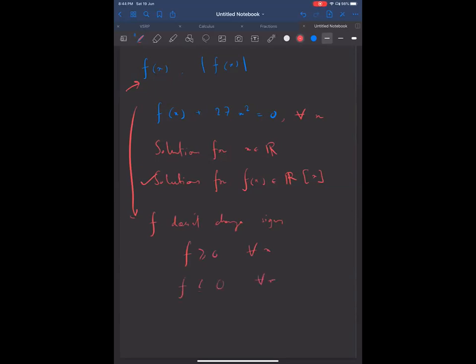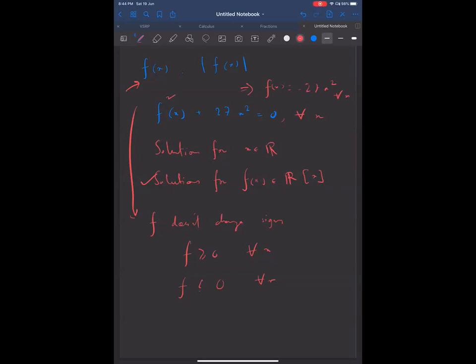Now, keeping that in mind, if f(x) + 27x² is equal to 0 for all x, we get f(x) equal to minus 27x² for all x. But then it doesn't make sense, rather. So I think there should be a square or something like that.